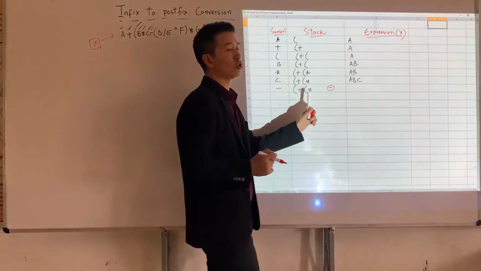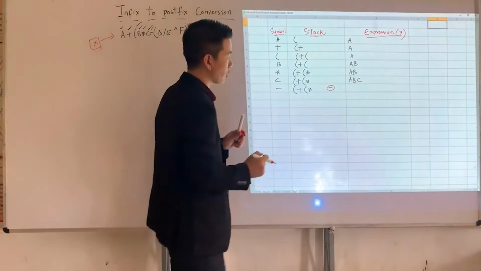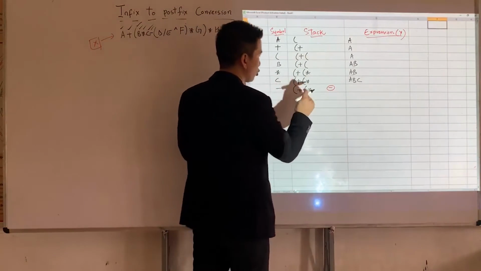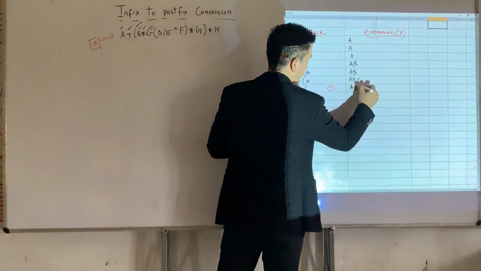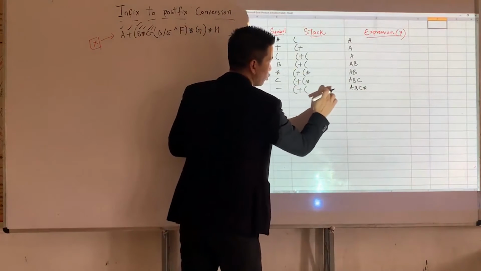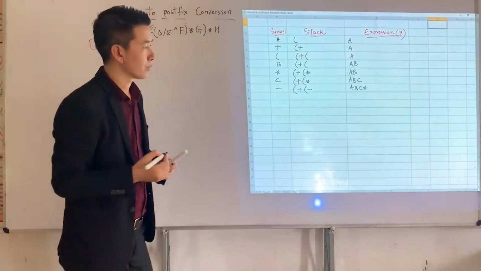So since the multiplication operator has higher precedence than the subtraction, you need to pop this, and then add it to the expression like this. No more operators, and then you will have the minus sign.